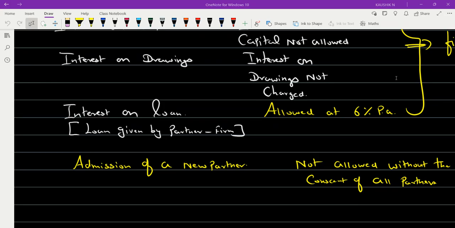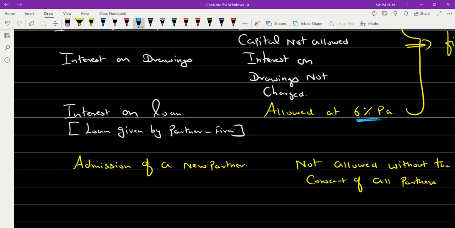Then we'll provide it at 8 percent per annum. If we have not mentioned anything in the partnership deed, then whether the deed is available or not, interest on loan will be allowed, but it will be allowed at the rate of 6 percent per annum.